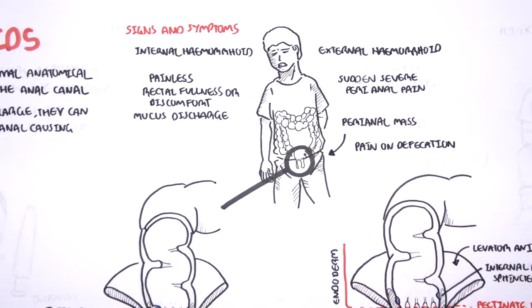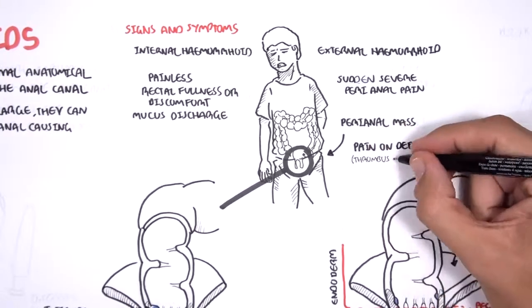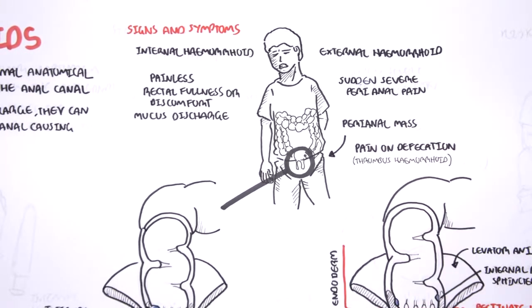And there can be pain on defecation, particularly if thrombosis occurs within the external hemorrhoids. And again, it makes sense because external hemorrhoids are below the pectinate line, and as we know, below the pectinate line is ectoderm in origin, and so it's very well localized pain.